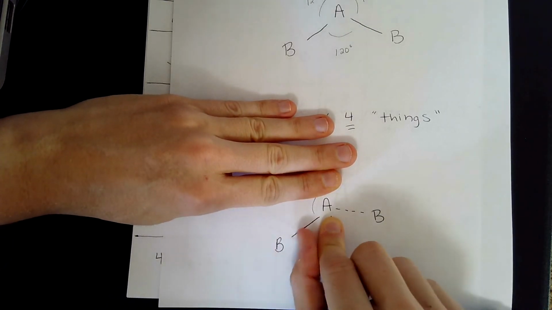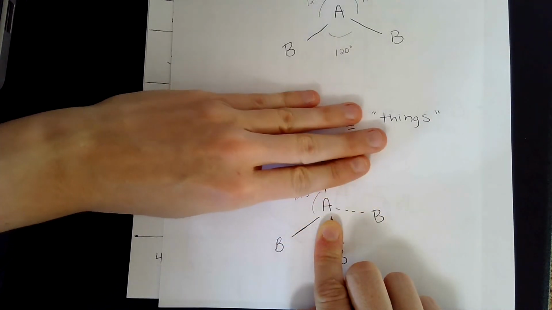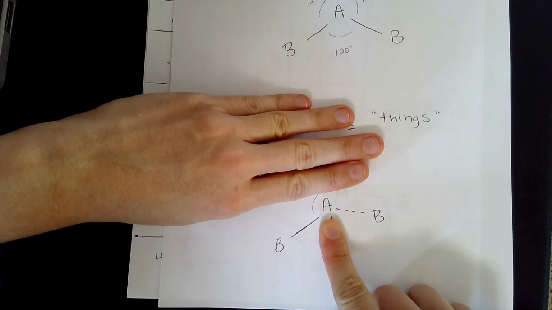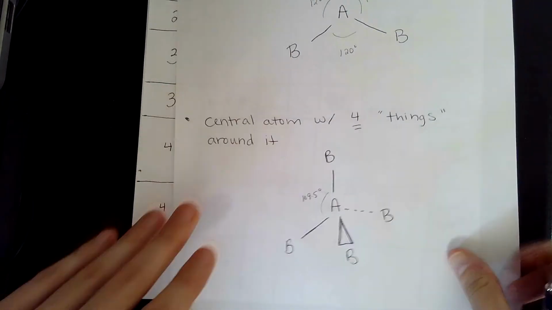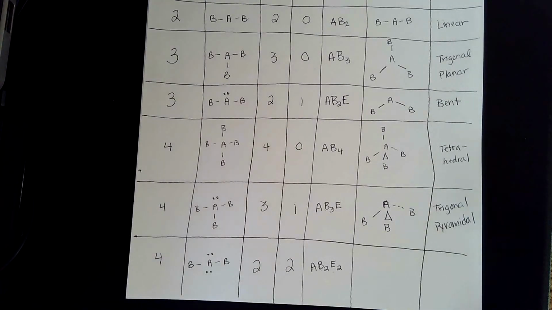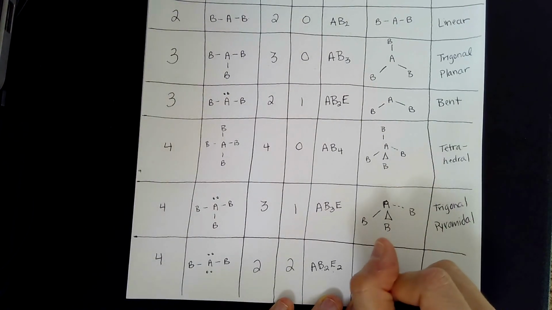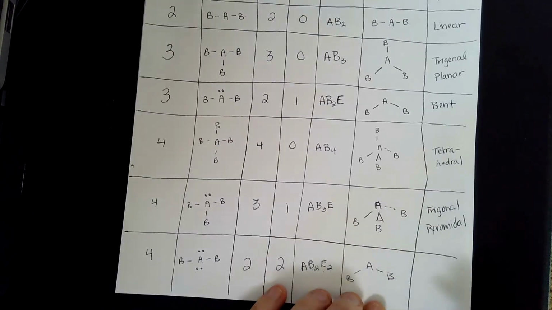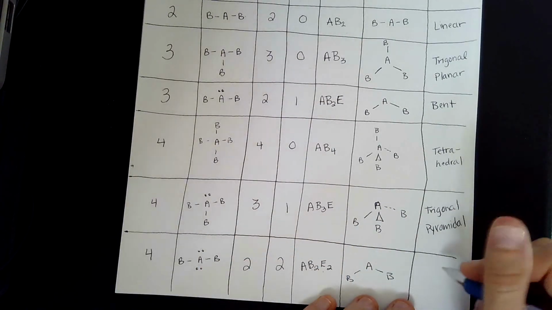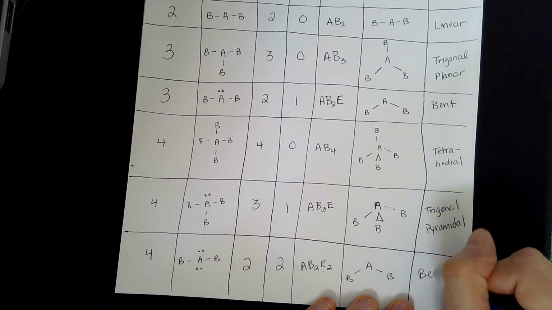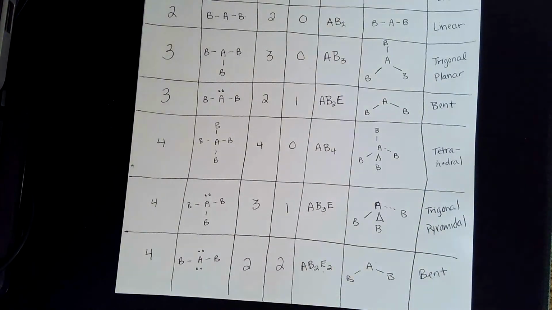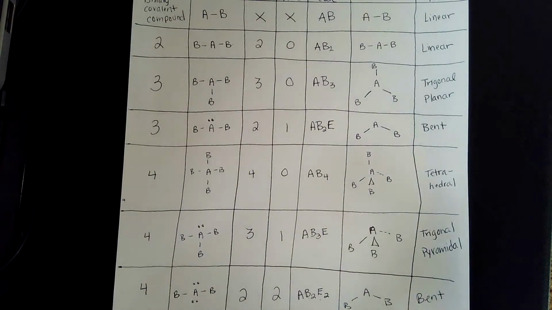See how it is bent. Okay, those 2 B's are bent away from each other. So those electrons are pushing everything away there. So this one is called bent. All right, so keep this table handy, keep it organized, and so you have a reference sheet.